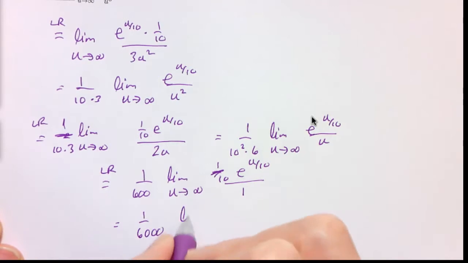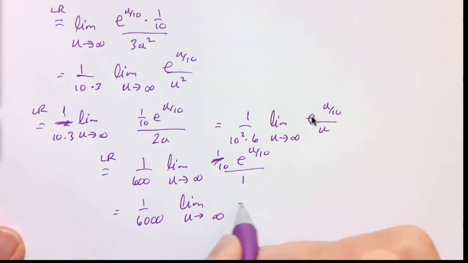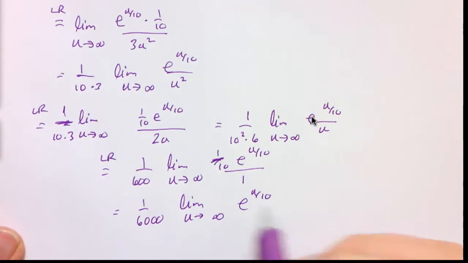So clean up one more time. As u goes to infinity, e to the u, or e to the u over 10, doesn't matter, goes to infinity. So 1 over 6,000 times infinity, pretty much infinity.